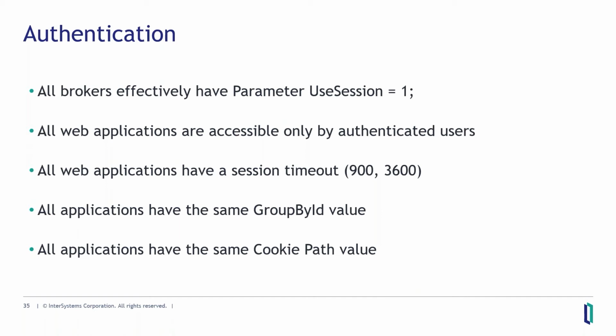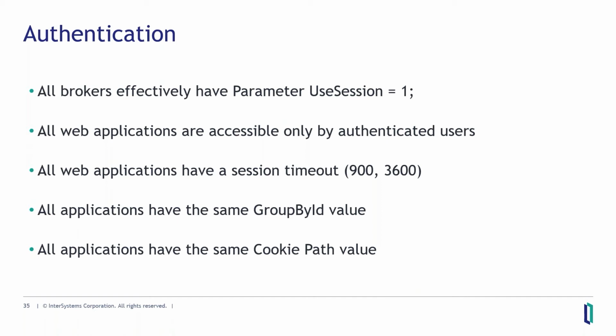So to do that, you need to configure your web application this way. First of all, brokers effectively have the parameter UseSession equals 1. Since the parameters are inheritable from a superclass, it's usually enough to just write UseSession equals 1 in a first abstract broker, which we talked about just a few minutes ago.